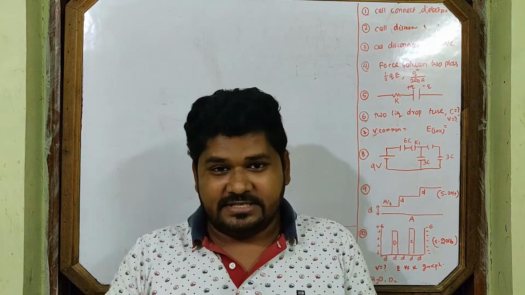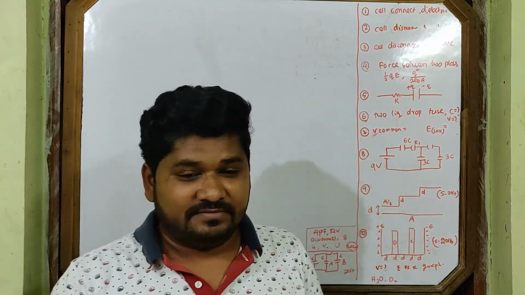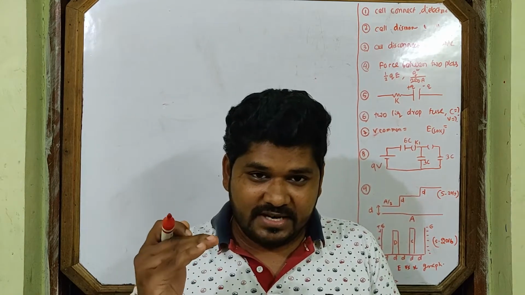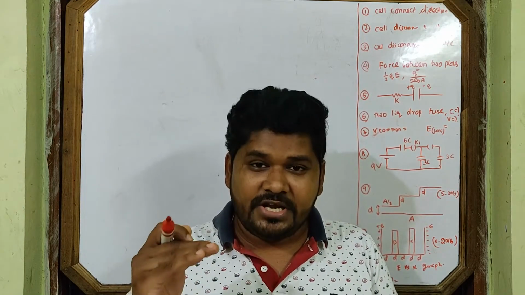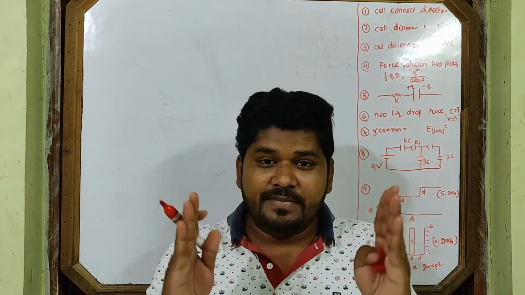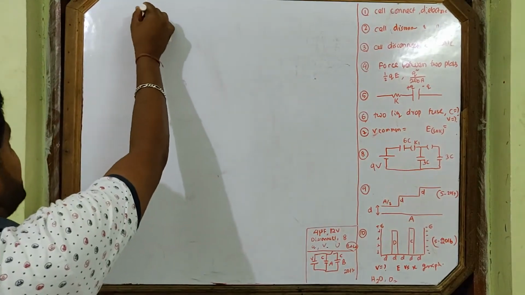The separation of the 2 plates increases. Then what are the changes in charge, potential, electric field, energy, capacitance? The separation between the 2 plates is made double. Okay, now let's start question number 3.